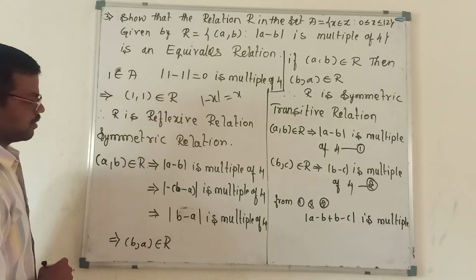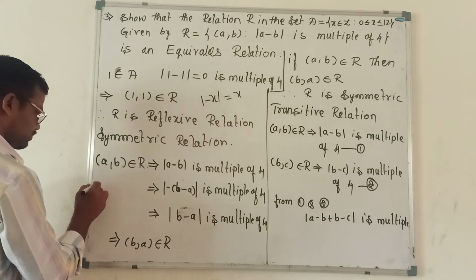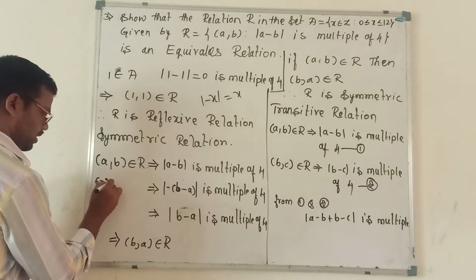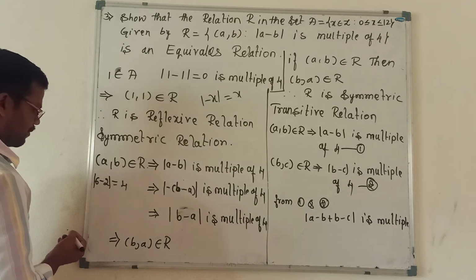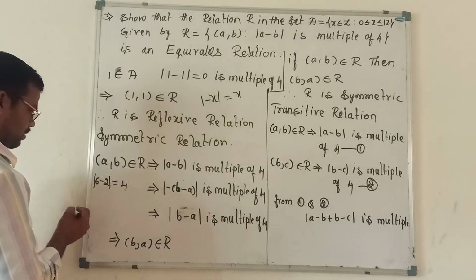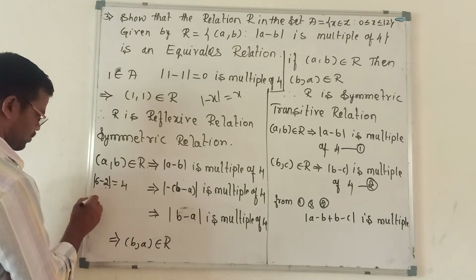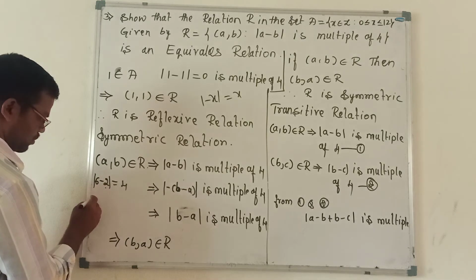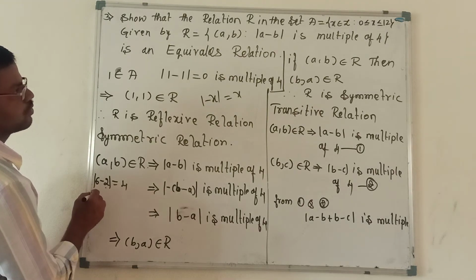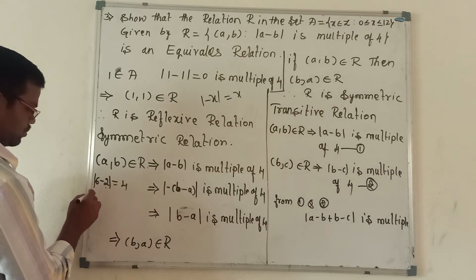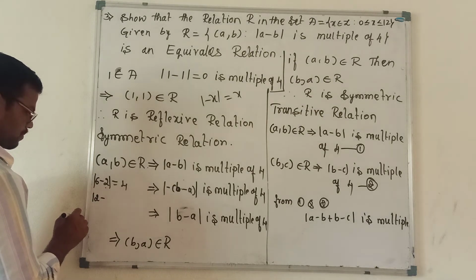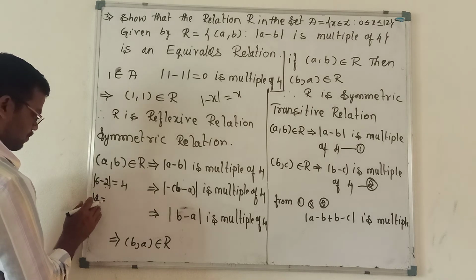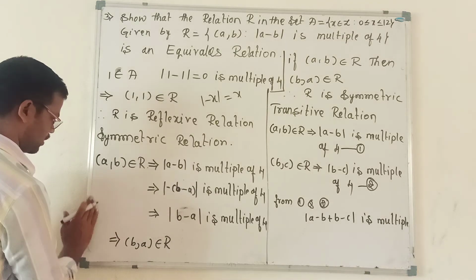For example, 6 minus 2 is 4, a multiple of 4. Next, again we take 2 up to 12, mod 2 minus 10. So you get numbers like this.